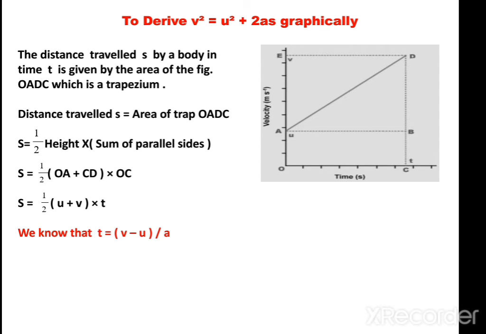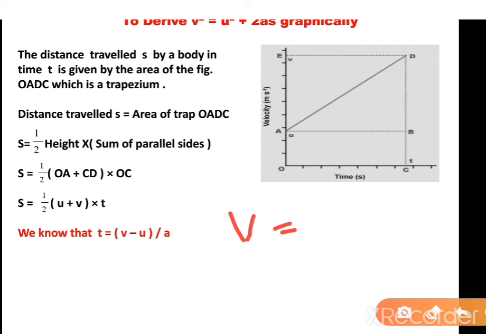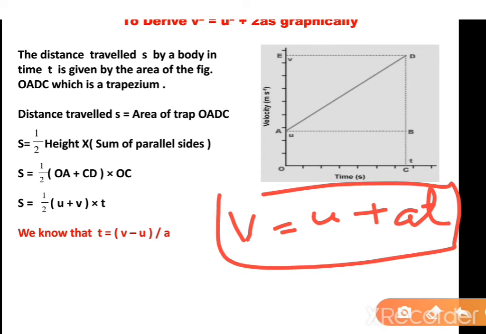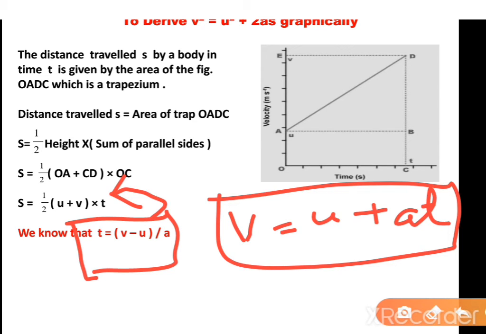Now we know that T is equal to V minus U upon A, because the first equation of motion we have discussed, that is V is equal to U plus A into T. From this first equation, we have taken T as V minus U upon A. So this T is equal to V minus U upon A we have to substitute in this equation.